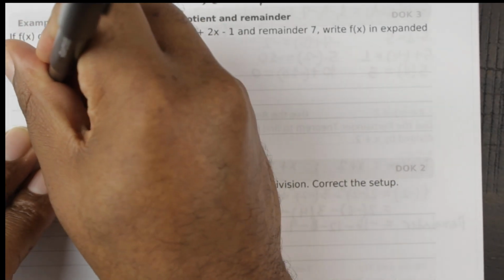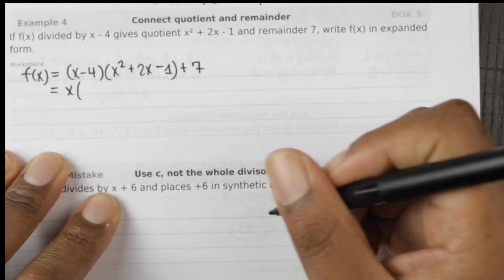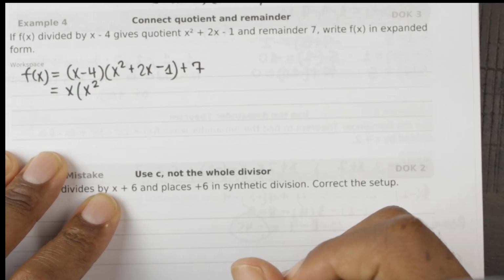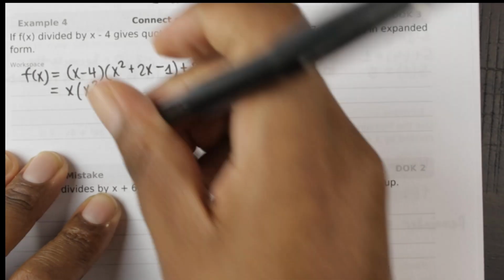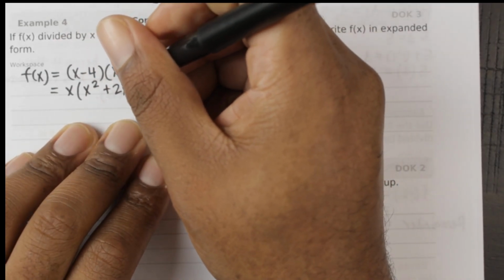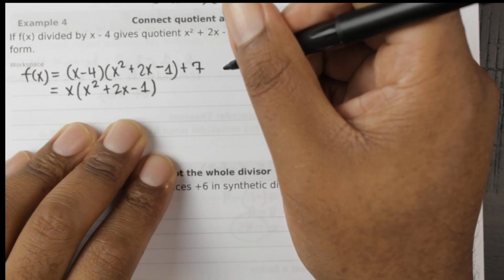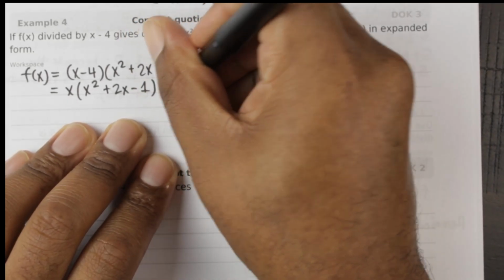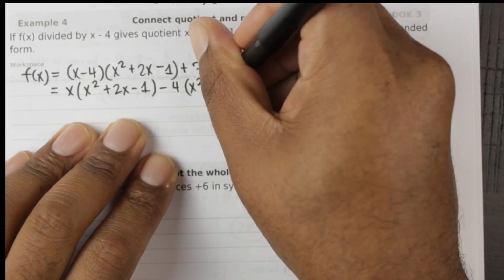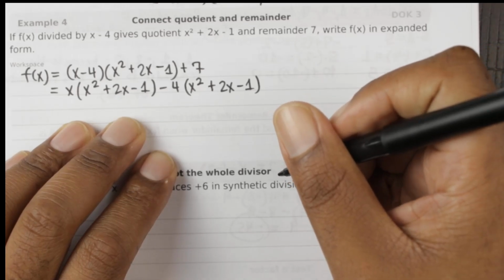So this expression here is essentially x times x squared plus 2x minus 1, minus 4 times x squared plus 2x minus 1.